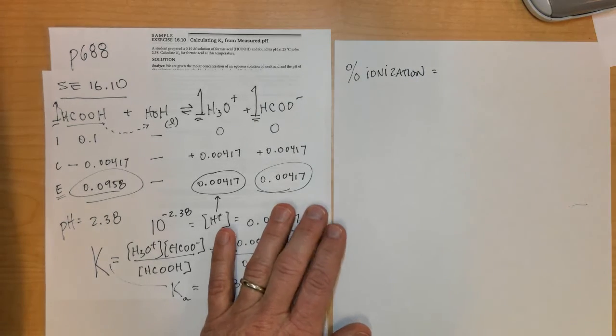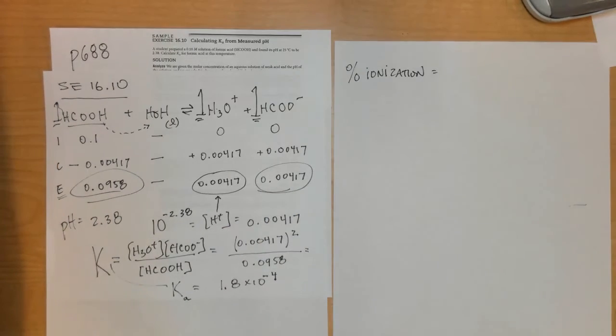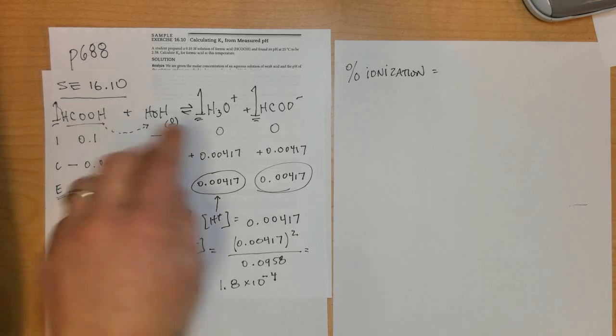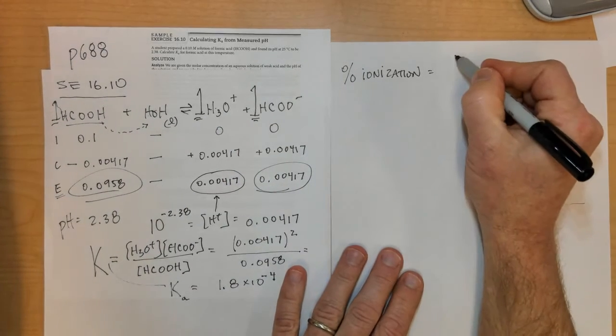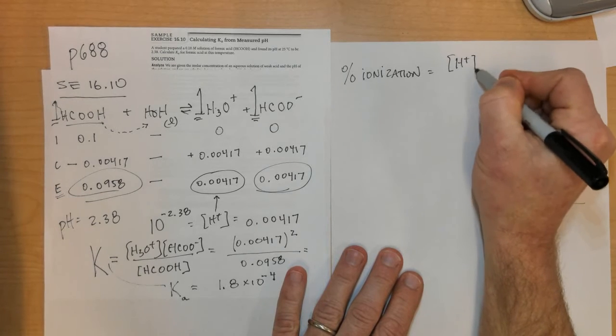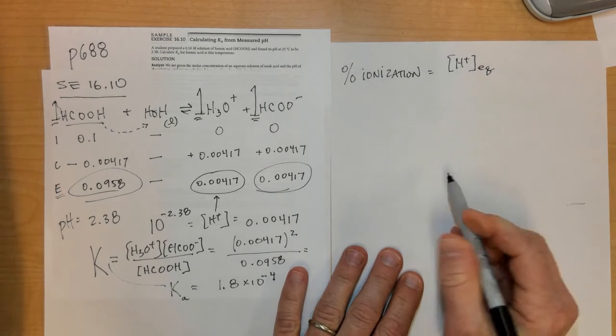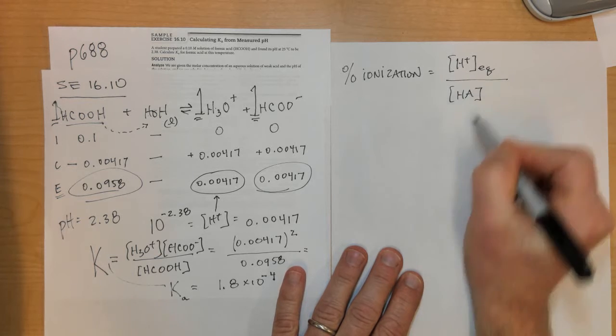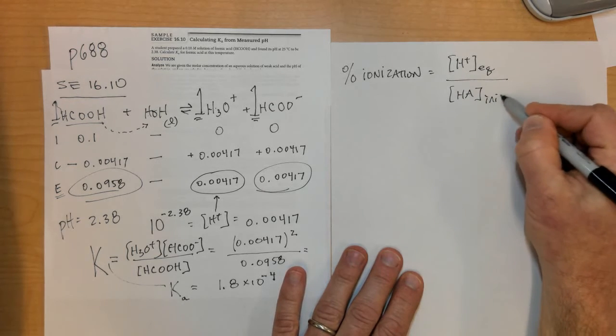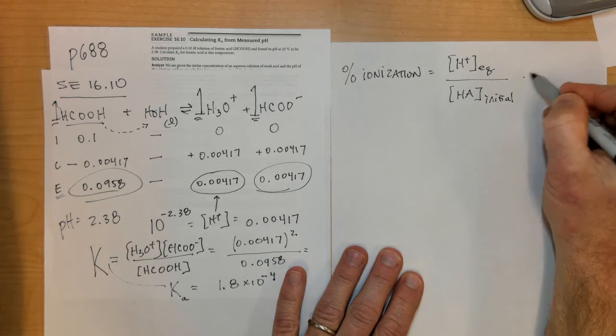Percentage ionization is an indication of how much this acid breaks apart into ions. And this is equal to the concentration of the H+ at equilibrium divided by the concentration of the acid initially times 100%.